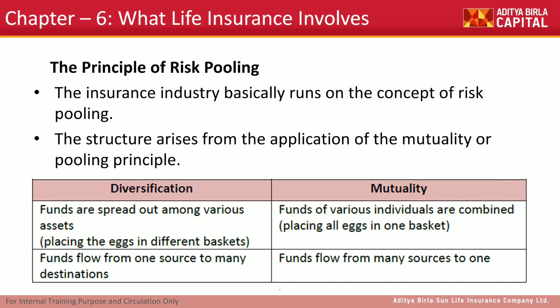It is as simple as placing all the eggs in one bucket. Coming towards diversification, funds flow from one source to many different destinations. Whereas in mutuality, funds flow from many sources to one.